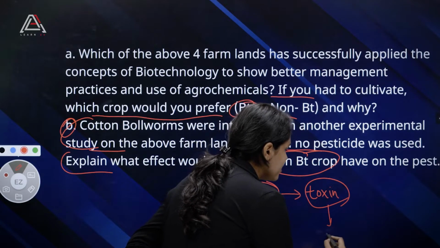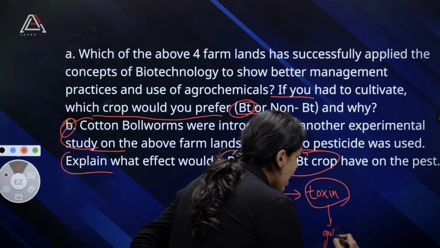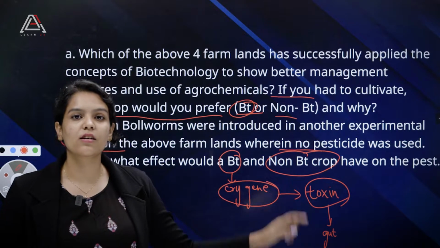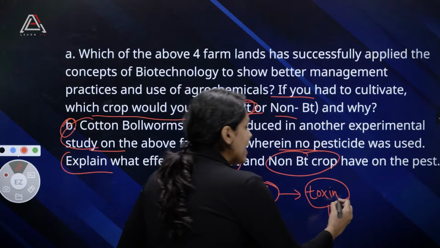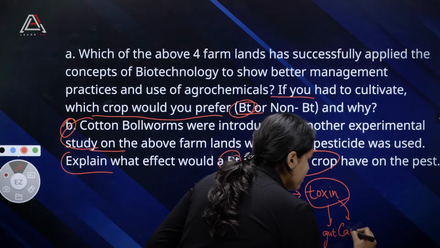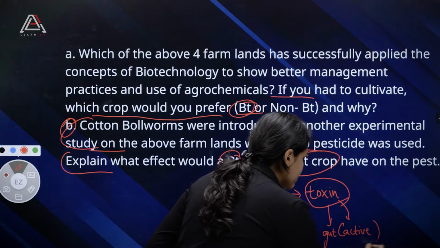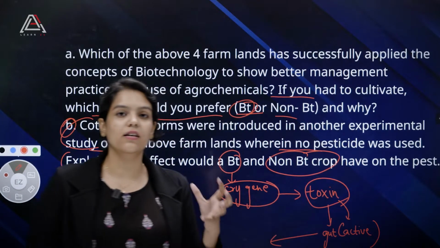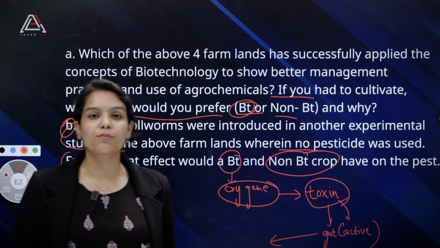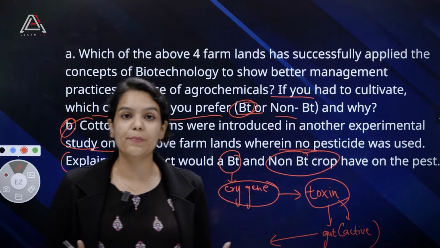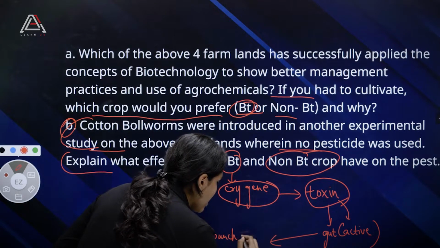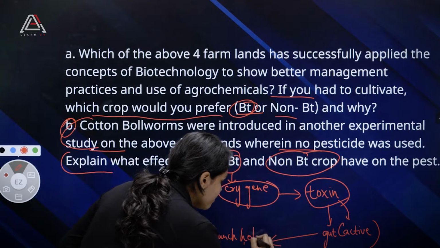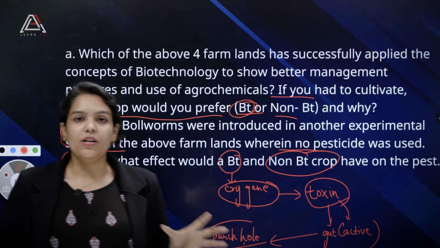As soon as this toxin protein enters the gut of the cotton bollworm, it will become active. And as the gut of the cotton bollworm is alkaline, what will happen? It will basically punch holes in the gut of the cotton bollworm, and that cotton bollworm will die.